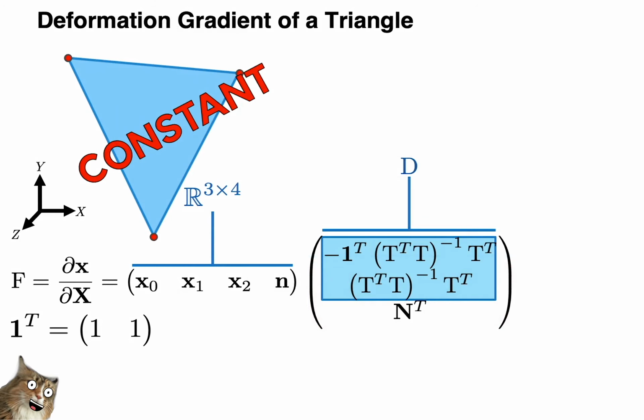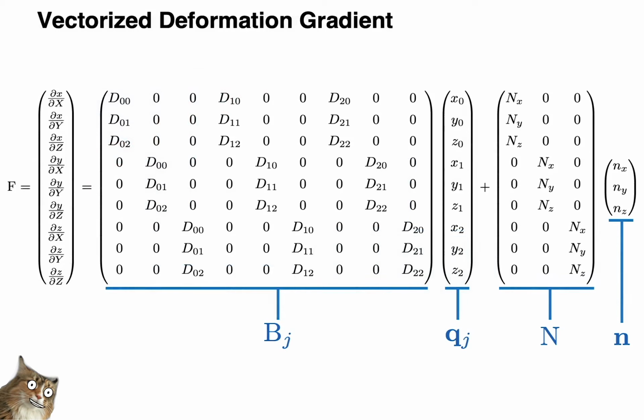We begin with our formula for the 3x3 deformation gradient matrix, but as in video 4, it's more convenient to flatten this out into a vector. We're going to start by defining the 3x3 submatrix D, and then a little fiddling around with the algebra is going to give us something that looks like this, which is the flattened deformation gradient.